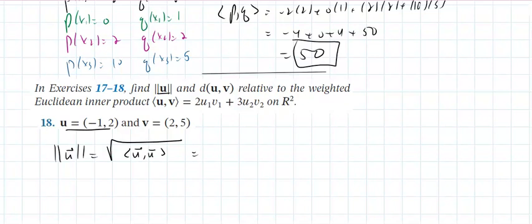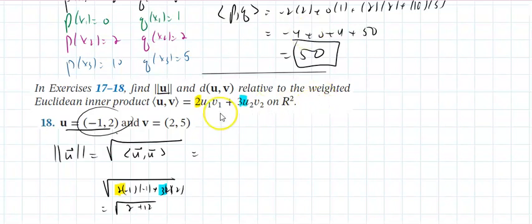And that is, let's see, the square root of negative 1 times negative 1 and 2 times 2, but there's a weight. So we're going to do a weight of 2 and a weight of 3, and that turns out to be the square root of 2 plus 12. So that's radical 14.